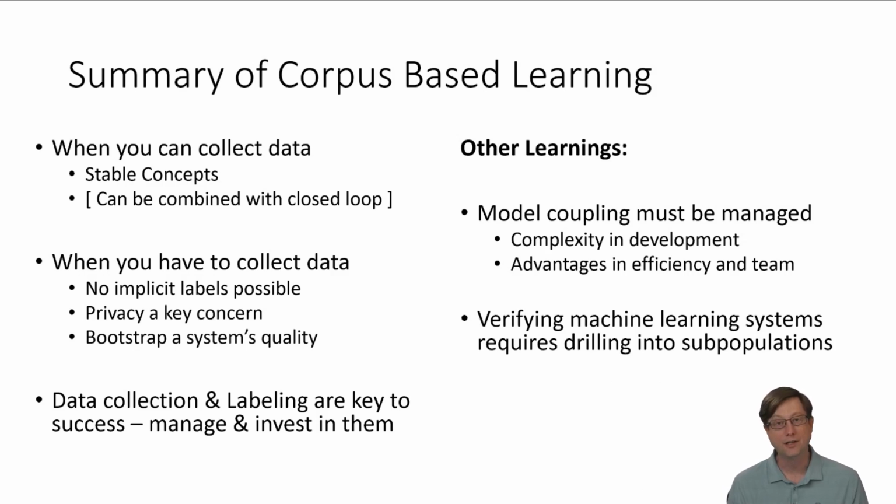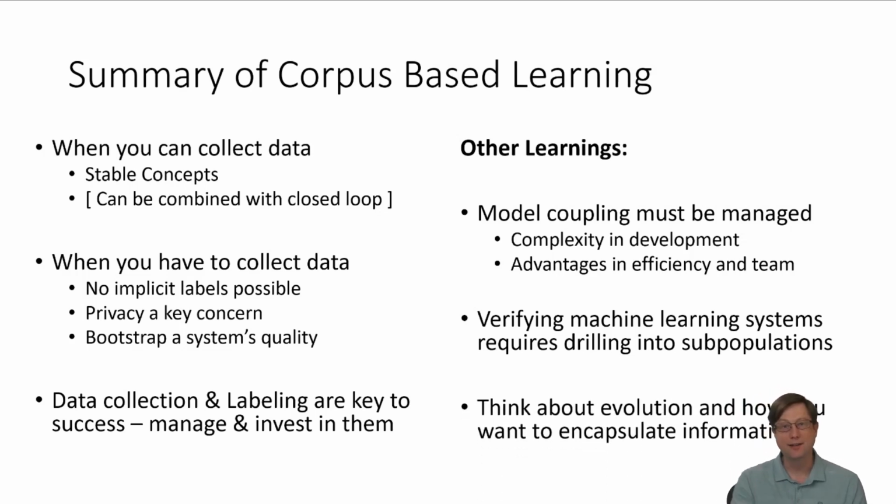And verifying machine learning systems requires understanding subpopulations and being very explicit to make sure you don't centralize all your errors in a bad place that could make your application unable to succeed. And finally, think about how you want to evolve your system and how you want to encapsulate information so third parties and even first parties don't have to deploy things as in sync with you as you're changing your models on a day-by-day basis.